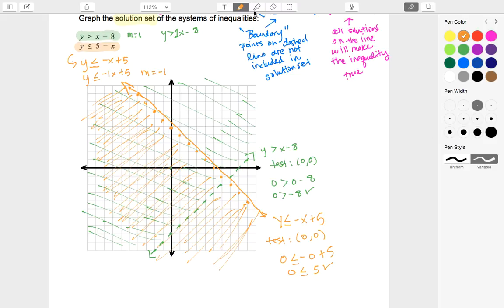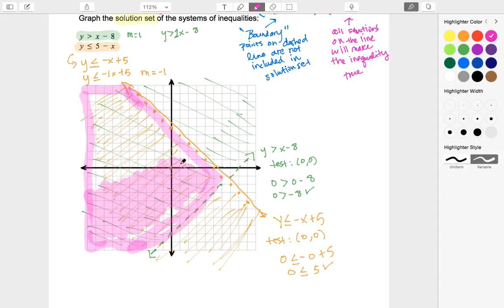Okay, so essentially, if I were to show this a little bit more clearly with my highlighter here, I would say all of this, okay, all of these points are the solution set of this whole entire system.